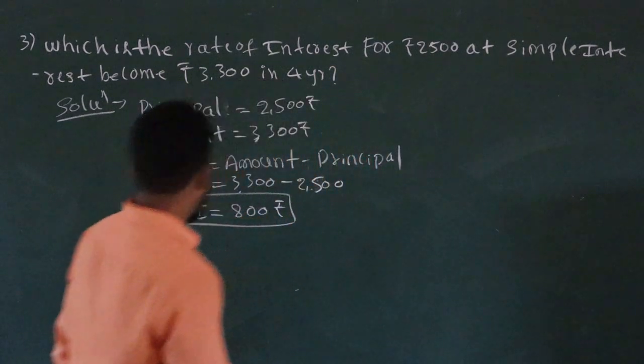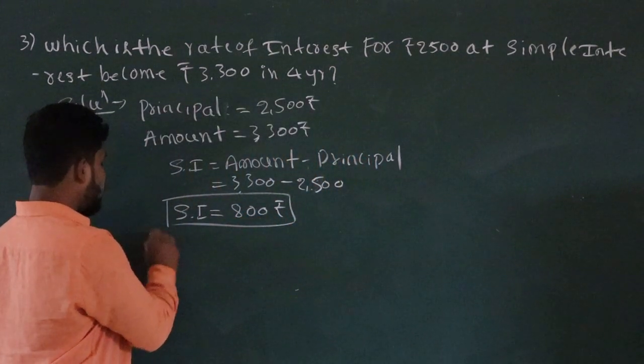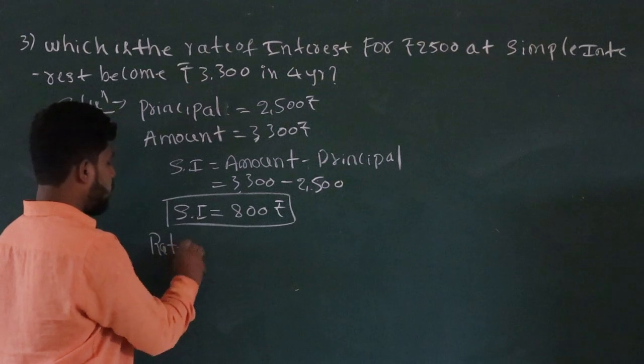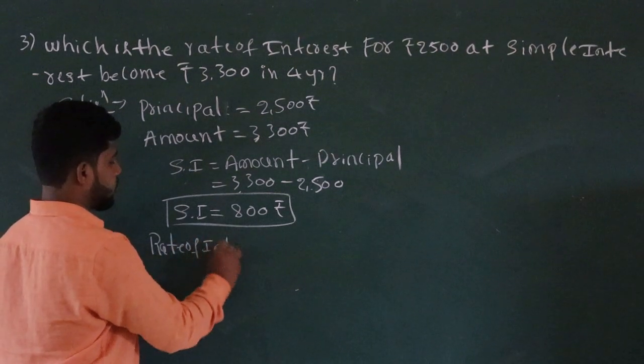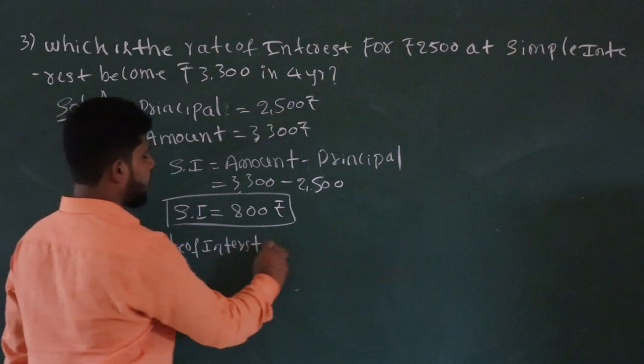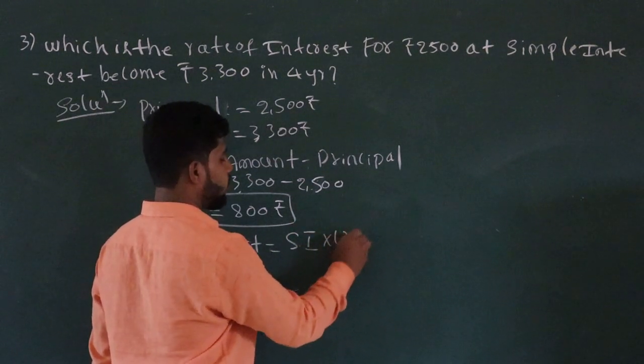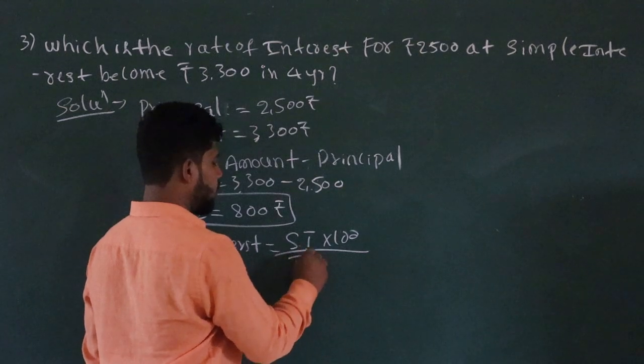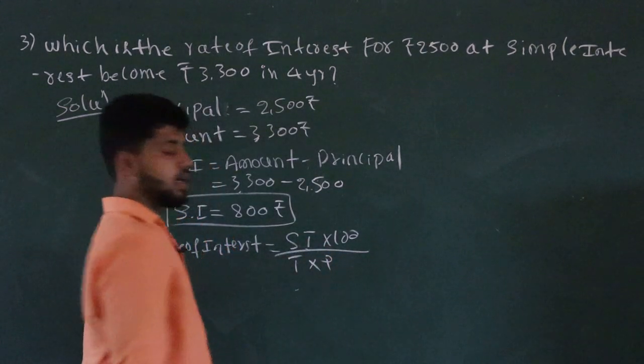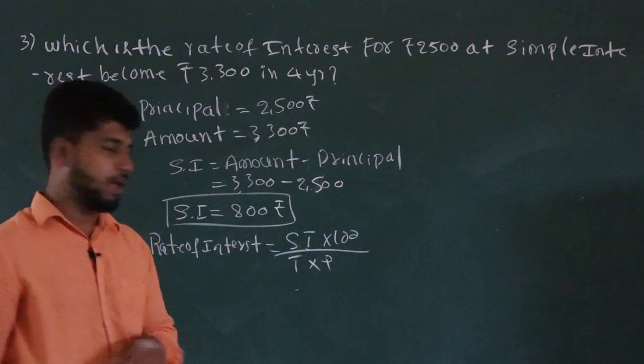Now we have to find the rate of interest. What is the formula? Simple interest into 100 divided by time into principal, or principal into time.